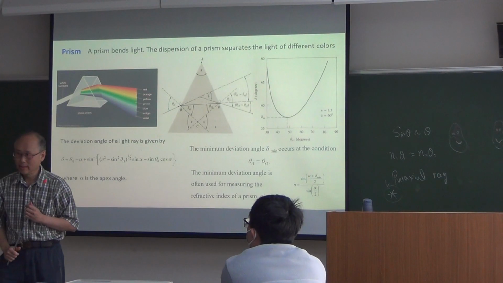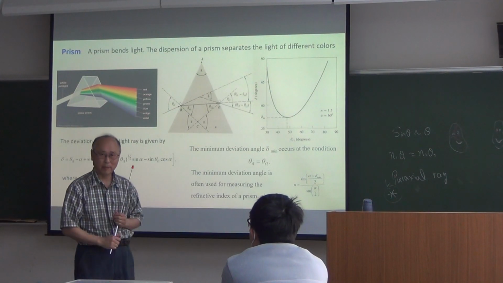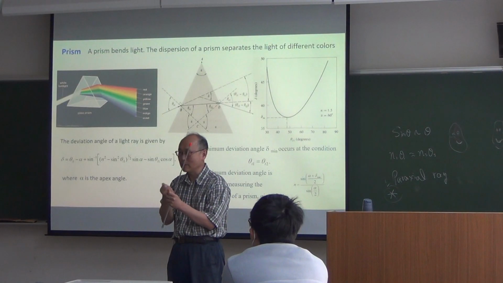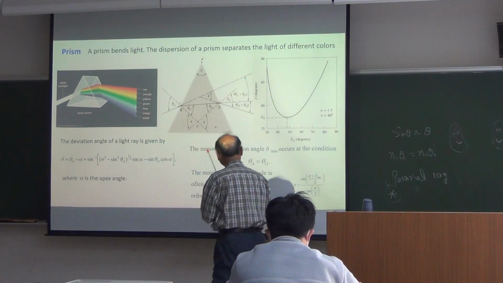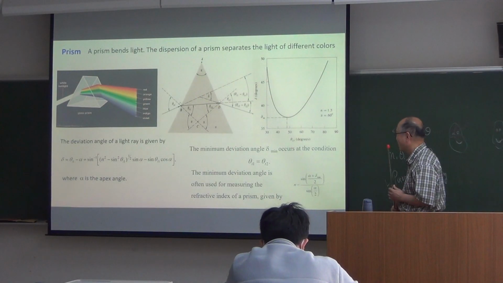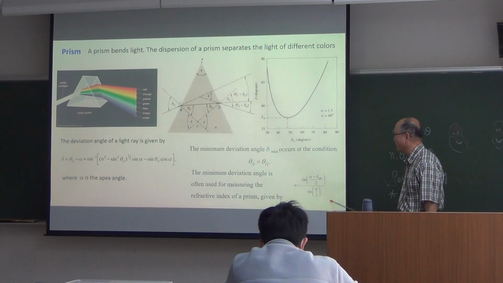Okay. So you can struggle by yourself a little bit by using the 90 degree apex angle to find the minimal deviation angle, and then you'll fail. Okay. So not all the apex angles will give you this minimal deviation angle.